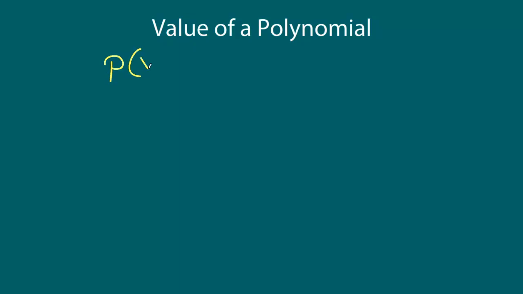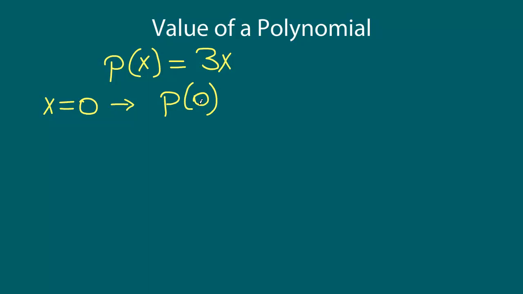So let's say we have p(x) equals simply 3x, right? At x equals 0, for example, what will be the value of this polynomial? Well, at x equals 0, the value will be p(0), and wherever we have x, we replace that with 0. So here we have 3 times 0, or 0.